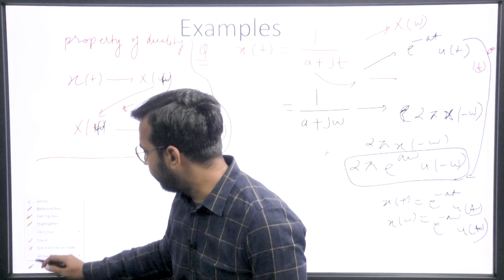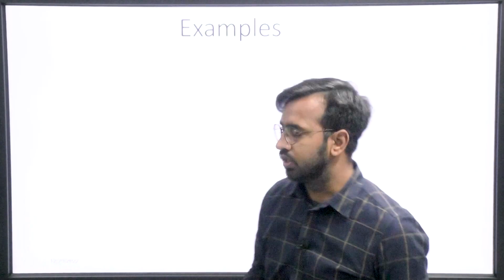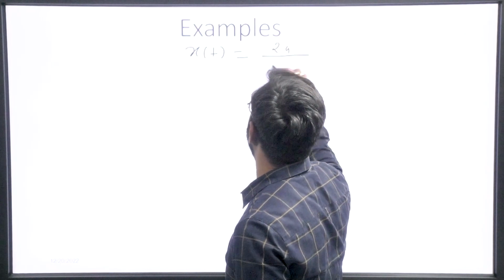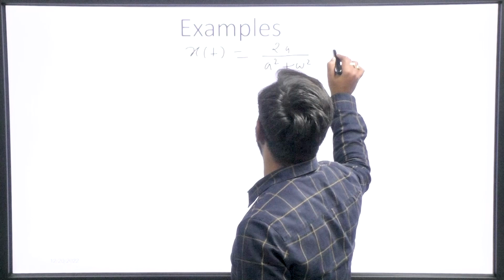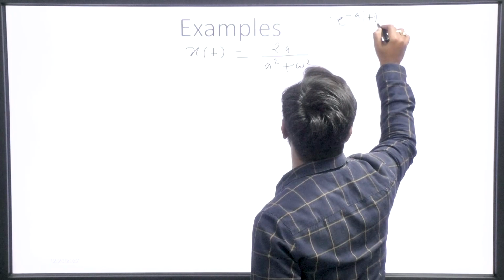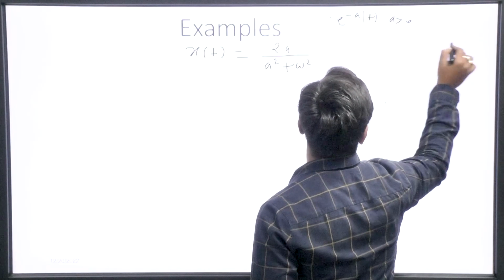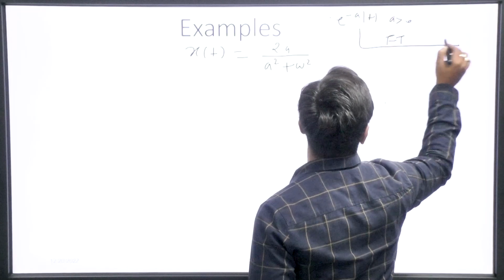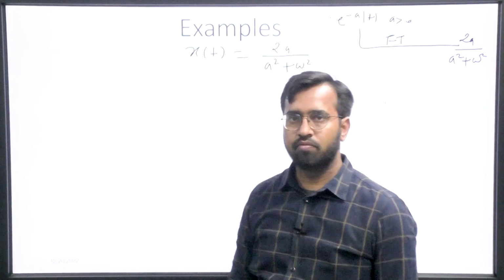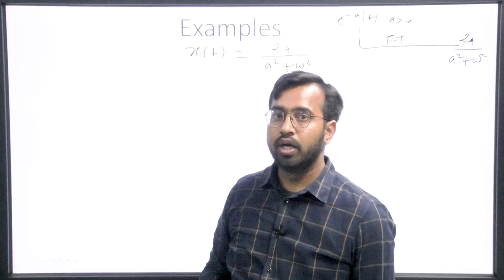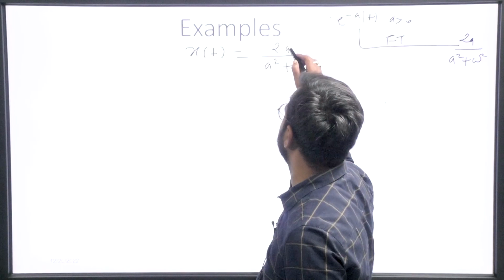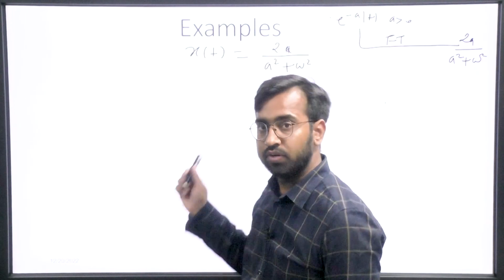Let us see one more problem based on duality. If something is given like this, x(t) is equal to 2a upon a square plus omega square, and we know that for e to power minus a mod t, a greater than 0, the Fourier transform is 2a upon a square plus omega square. But if someone asks us to find the Fourier transform of this function, what will we do?